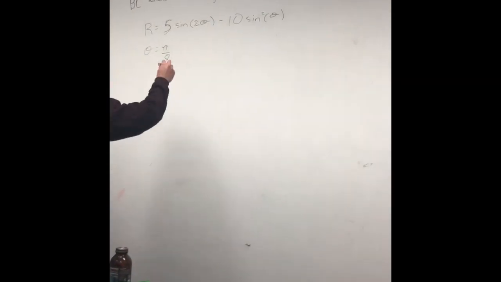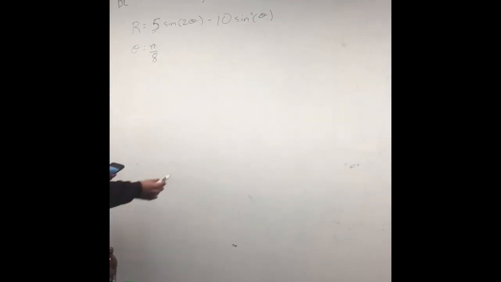So we know that pi over 8 is a value of theta that gives us the maximum radius. So in order to find the maximum radius, we just plug in this theta value into the original equation.